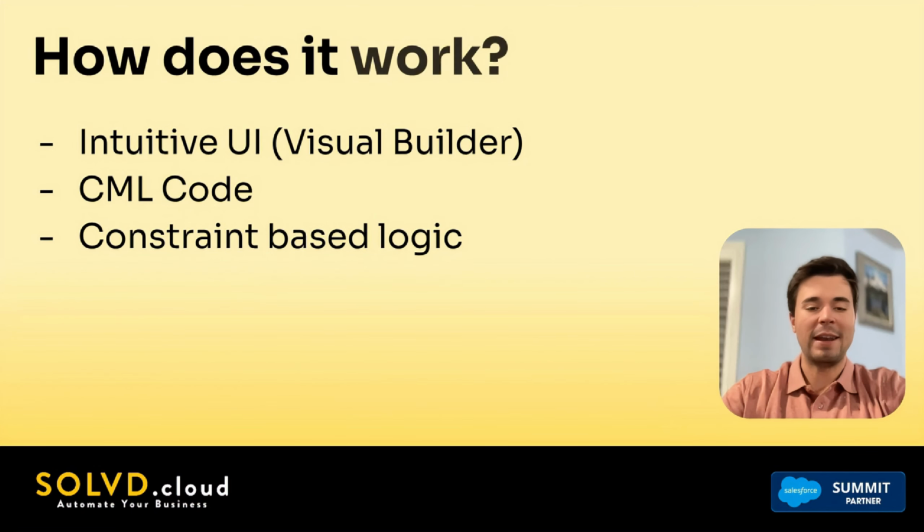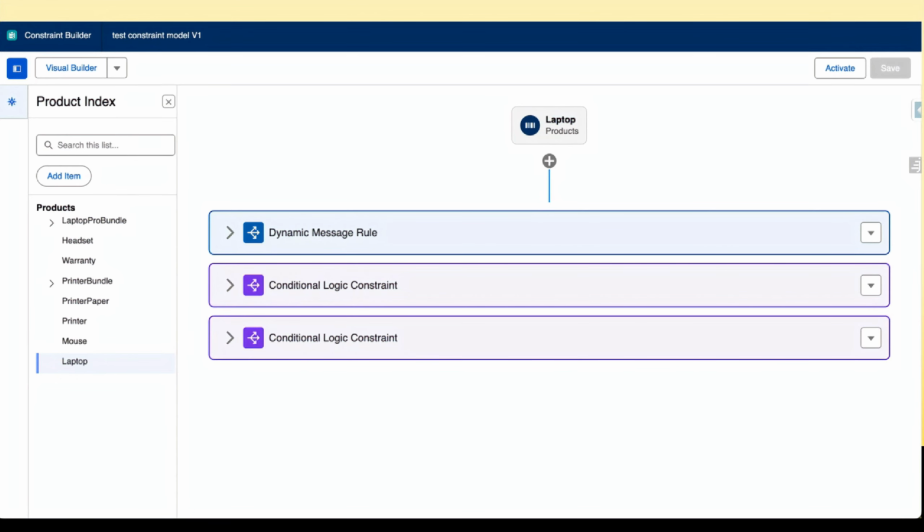So how does it work and how do you set it up within Salesforce? Well, there is a very intuitive UI called the Visual Builder that allows you to bring in product structures and then define rules. And you can chain them and do a lot of different types of rules within the Visual Builder.